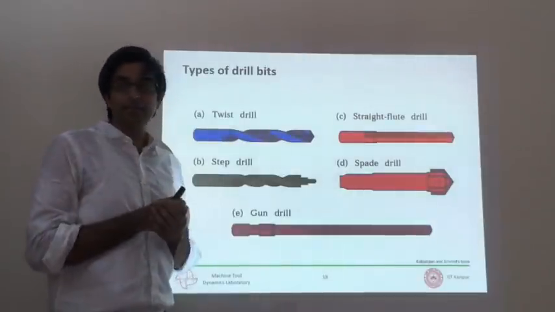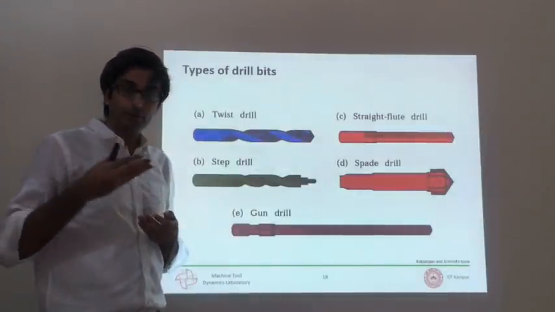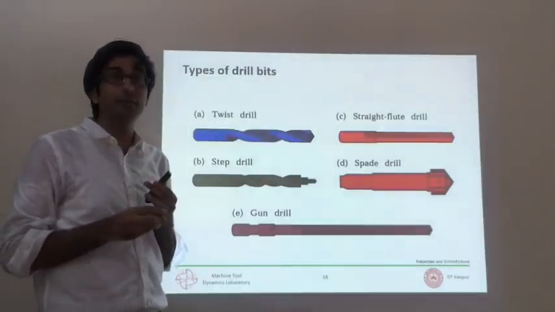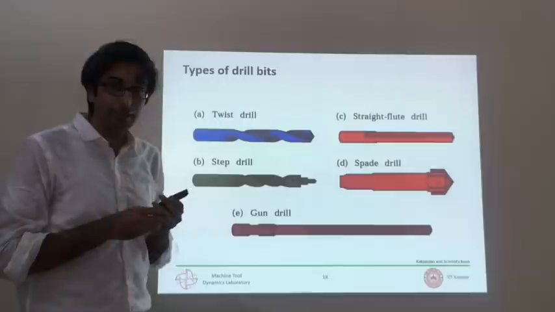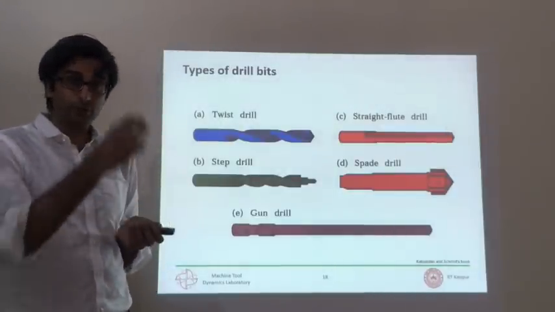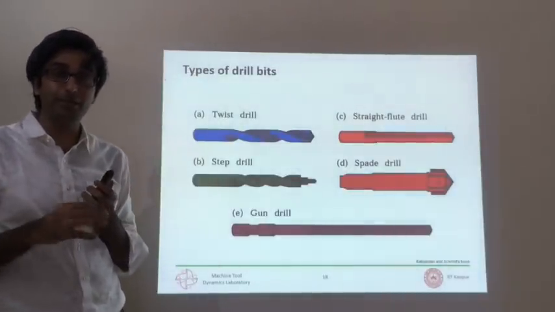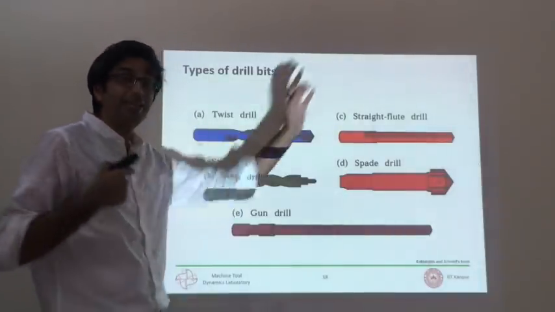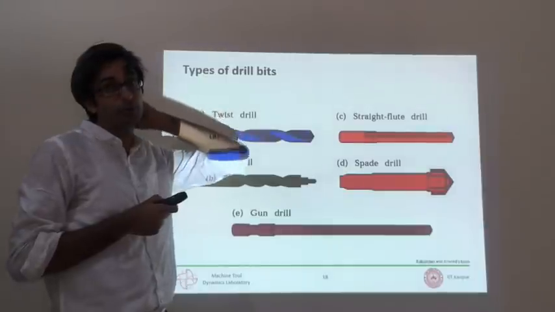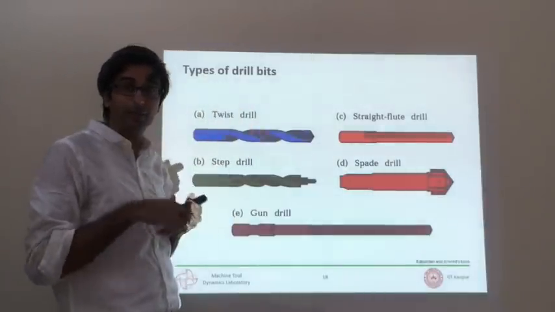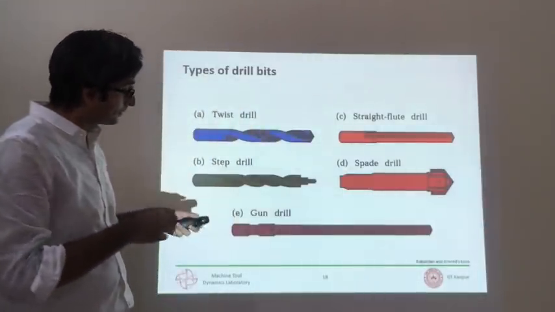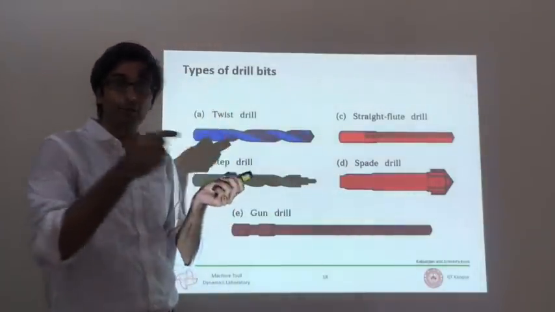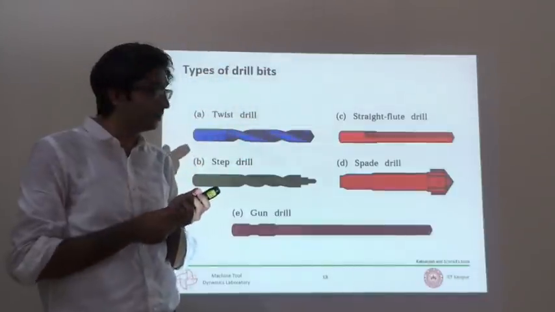Gun drill, as the name suggests, is for drilling deep bores like the ones in gun barrels. The length to diameter ratio, so diameter, all of you are familiar with guns that you see in movies, some of you might have seen in real life. They are very narrow bores and the diameter is a little bigger than the diameter of the bullet. You have to first make a hole so that the bullet can come out.